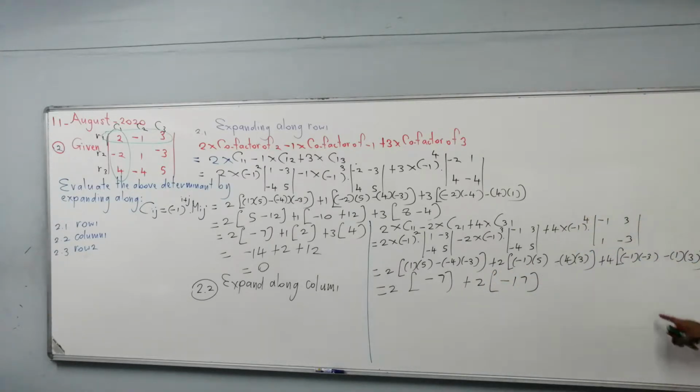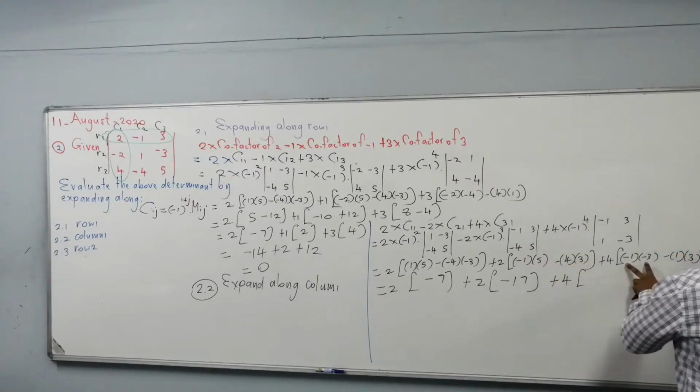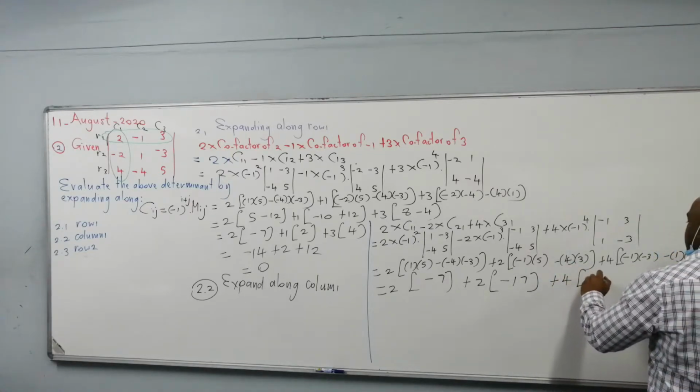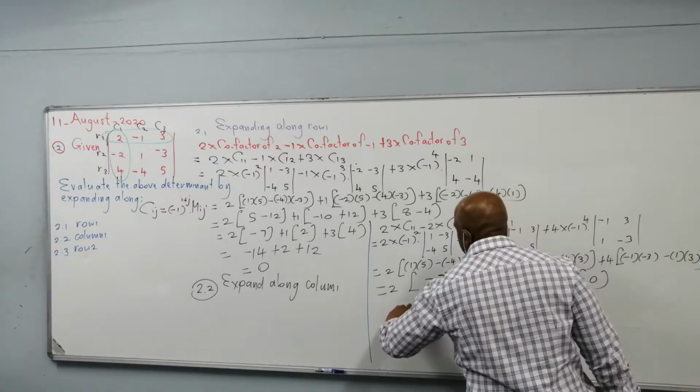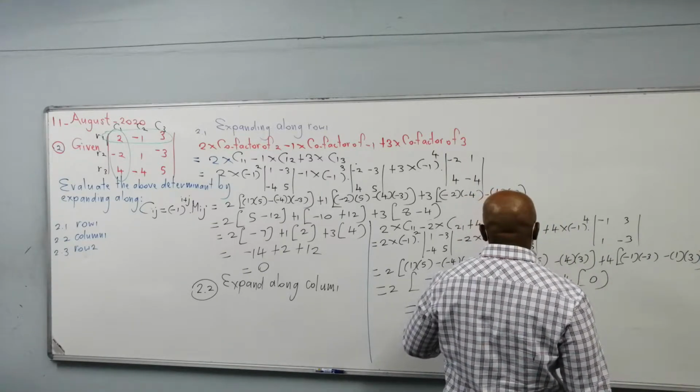And what do we have here? That's going to be a 3 and a minus 3. Correct. Which is a 0. That's plus 4. That's going to be 3 and minus 3, which is 0. So we're getting minus 14, and then this is minus 34.